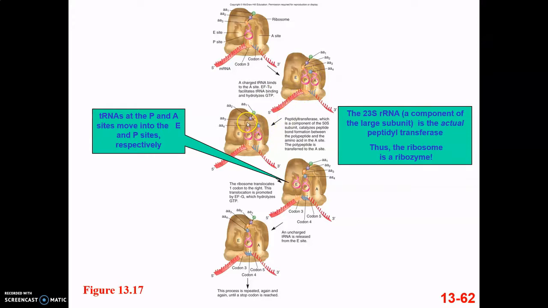Then the growing polypeptide chain, which was attached to this transfer RNA covalently, is broken and transferred to this next amino acid. So this bond is replaced with a bond to this next amino acid.